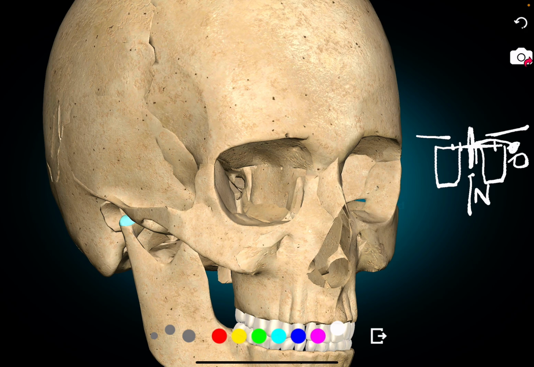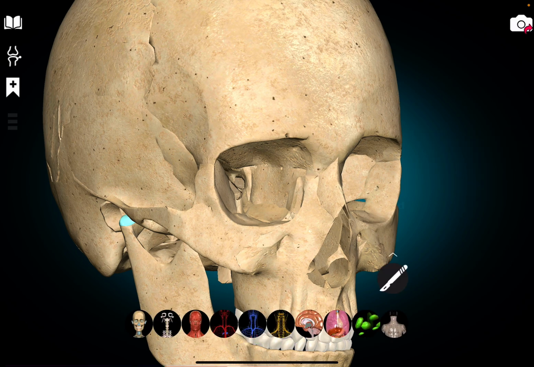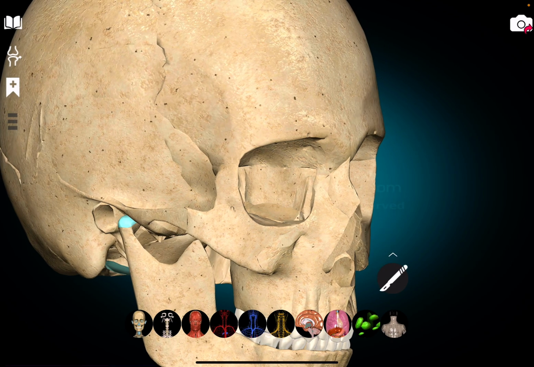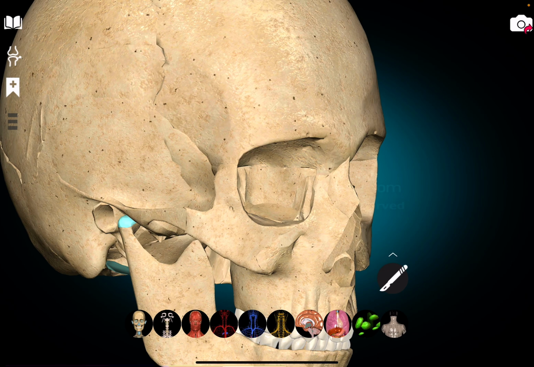So it is the lateral surface of this box that you are seeing here. And above you can see the two foramen between the orbital plate of the frontal bone and the ethmoid. You are probably able to see the anterior ethmoidal foramen, but there will be a posterior ethmoidal foramen also.